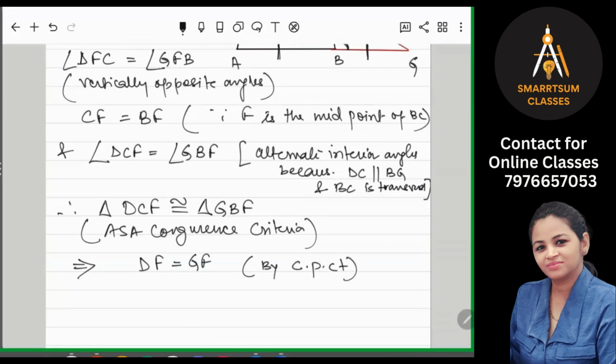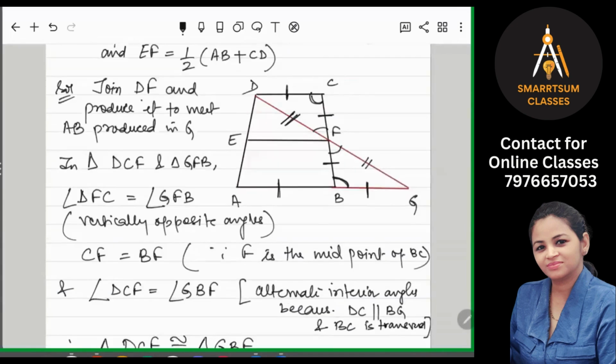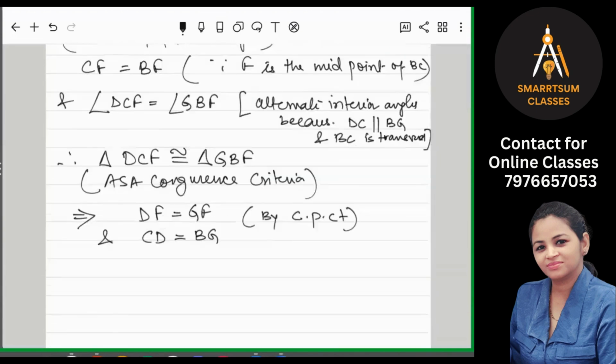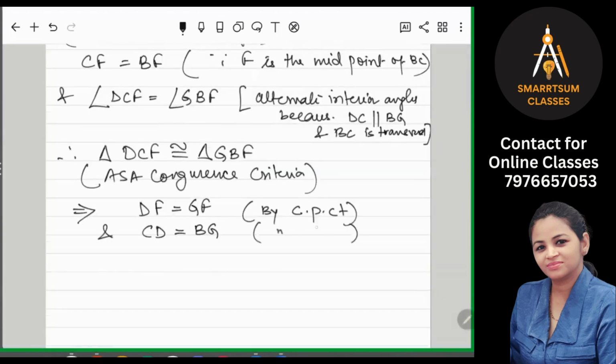Now DF and GF are equal, and along with this, CD will be equal to BG. These sides were parallel, and now we have proved that they are equal as well. So CD and BG are equal, again by CPCT.